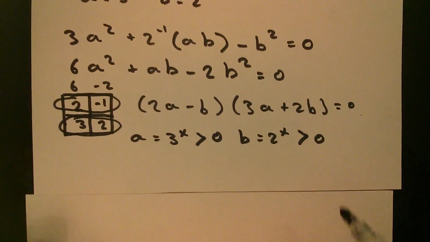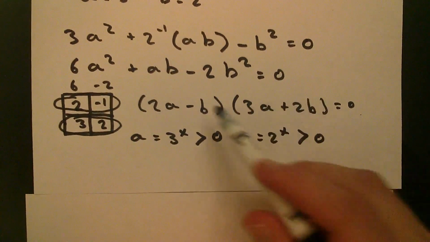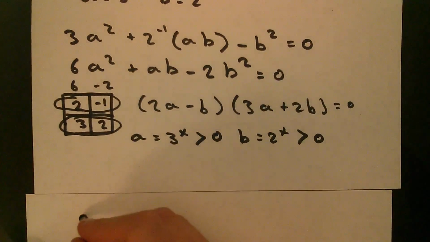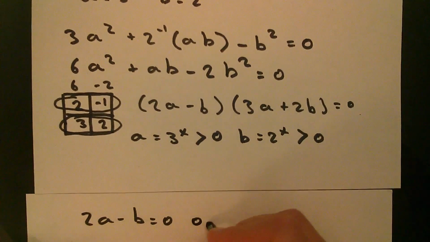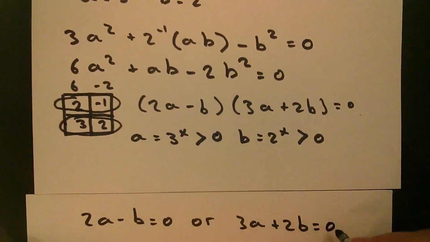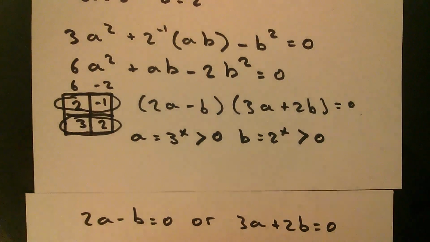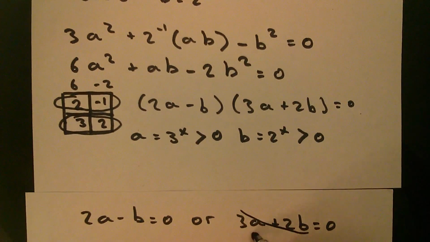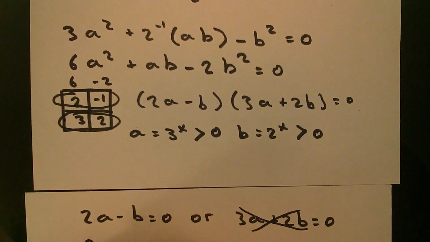So either 2a minus b equals 0, or 3a plus 2b equals 0. But you can't have something greater than 0 plus something else greater than 0 equal to 0. So this solution is impossible. So our solution is going to be 2a minus b equals 0, or 2a equals b.